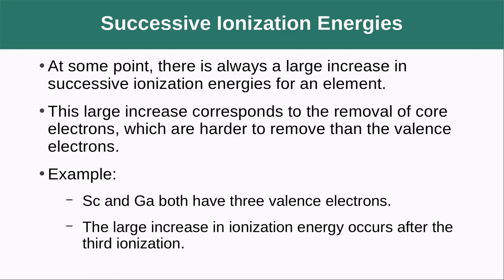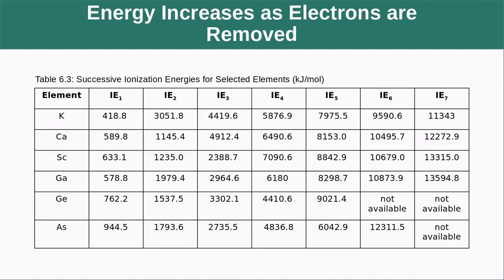So it'll give up those 3 valence electrons, but it doesn't want to give up that 4th core electron. And here we have a table with some common elements and their successive ionization energies. You can see that there is a steady increase as you move to higher and higher ionization energies.